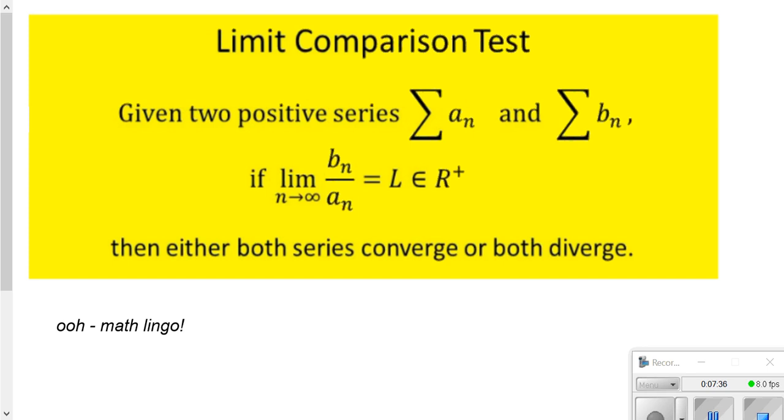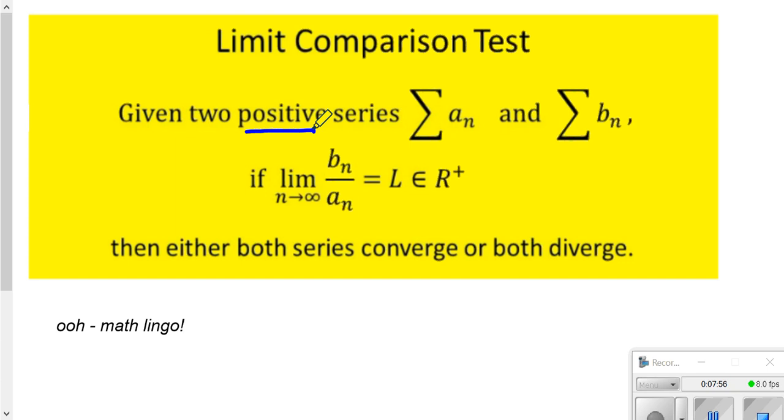Okay, so given two positive series, so note here that we do need to have terms that are positive, and you have to have two different series. So there's one that is the problem you're doing, and then there's another that is one that you know. Okay, so there's one series that is a problem that I'm being asked about.